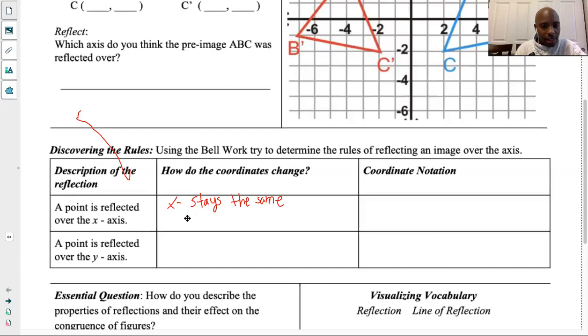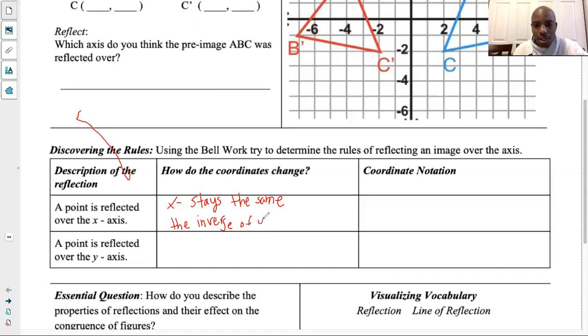So x stays the same, and then we have the opposite, or we could say the inverse, of y. And if you remember, inverse means opposite, right? I'm still getting used to the hang of this, so I apologize for that. Inverse of y.